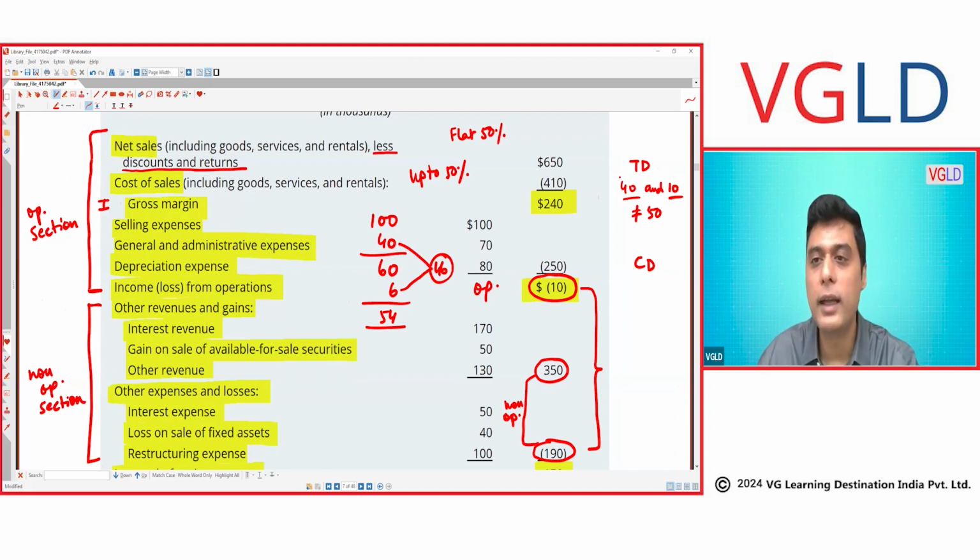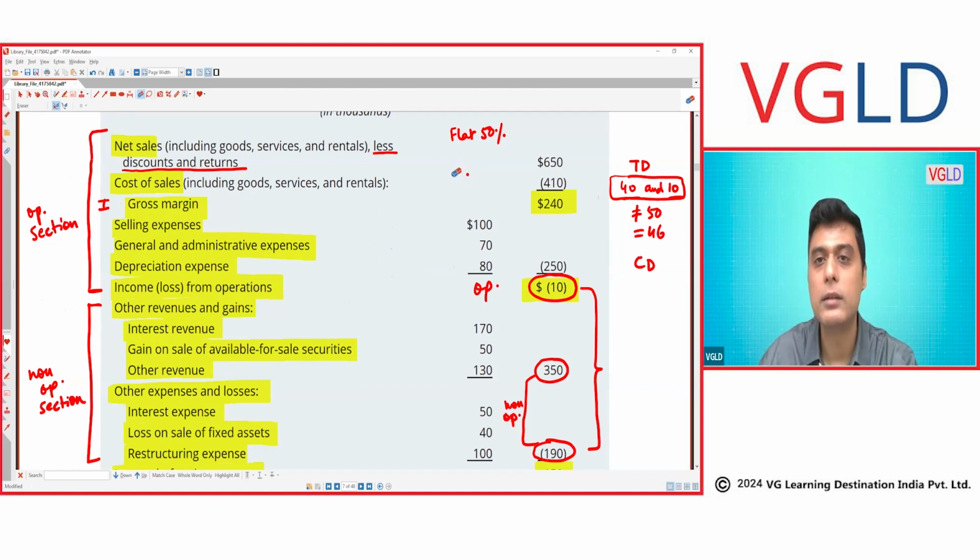But it is written like this, 40 and 10. 40 and 10 is not equal to 50. 40 and 10 is equal to 46%. Right? So that is how it is written most of the times.